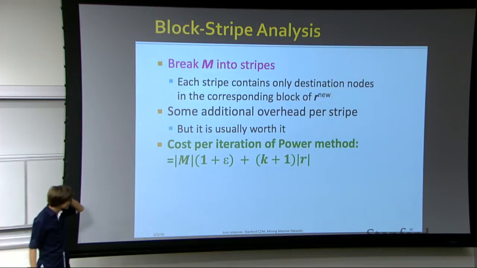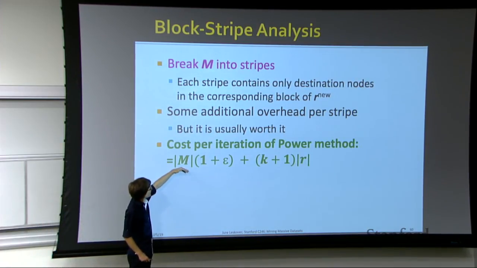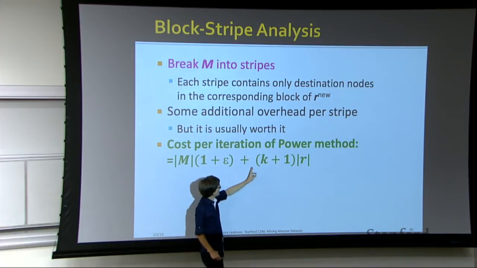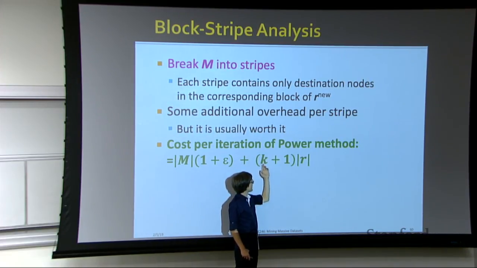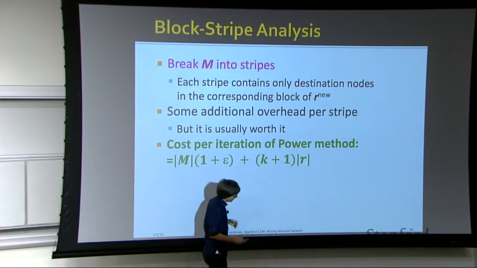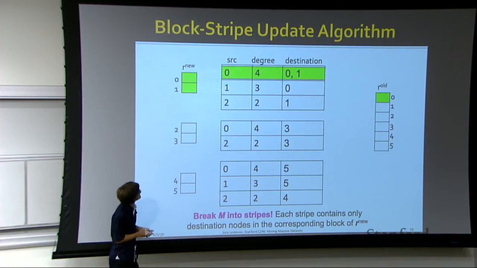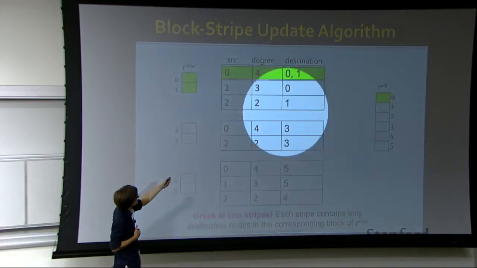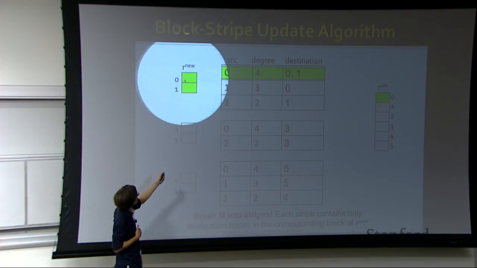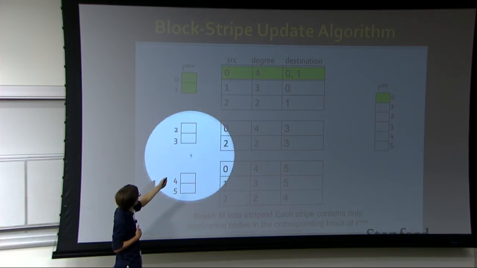So if I do this, the cost is the size of M plus k plus 1 times R, where k is the number of blocks. The reason for that is I need to read the stripe and the entire vector R old to update this guy. And then I load in the next block.